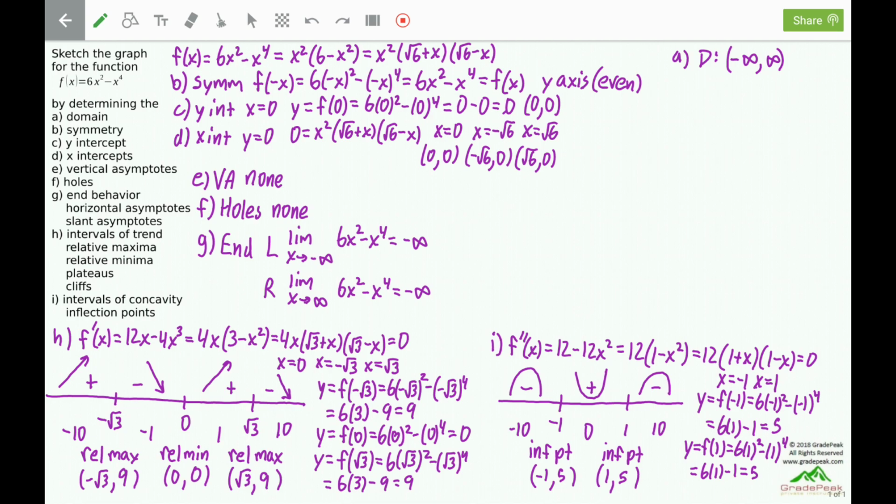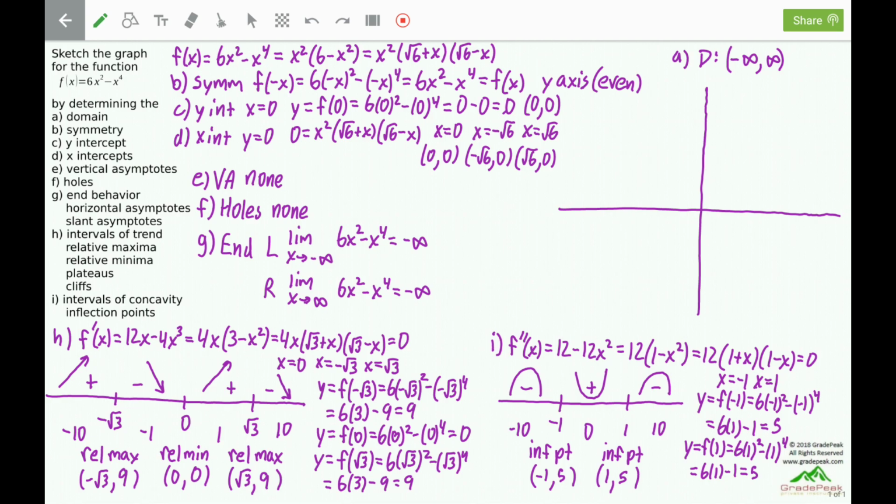We can now draw the graph. We have a vertical axis and a horizontal axis. The domain is all real numbers, so it will extend across all x values and along the entire x-axis.